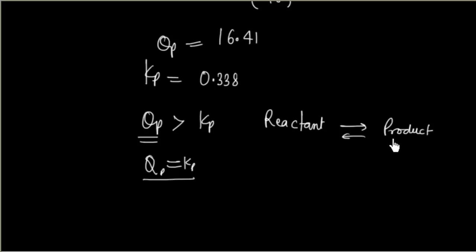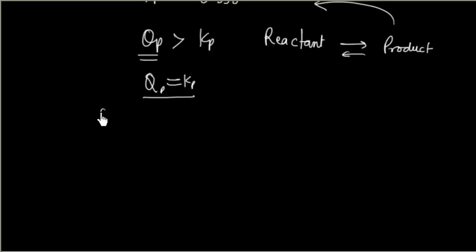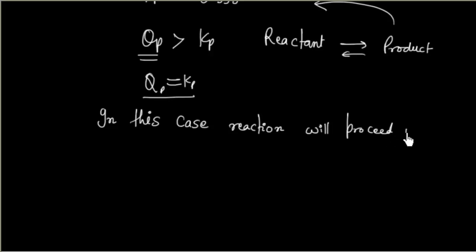To decrease Qp, we have to decrease the concentration of product, that is, the reaction has to go in the backward direction. So in this case the reaction will proceed in the backward direction.